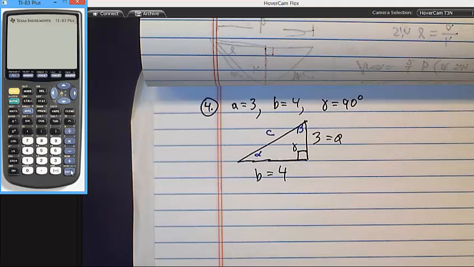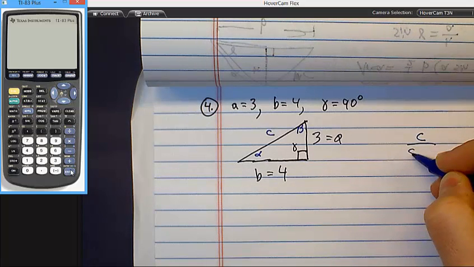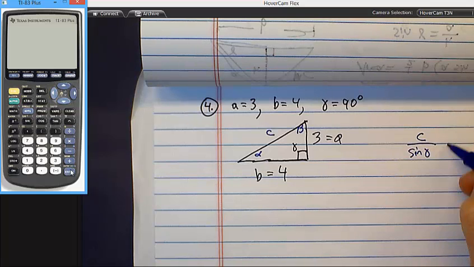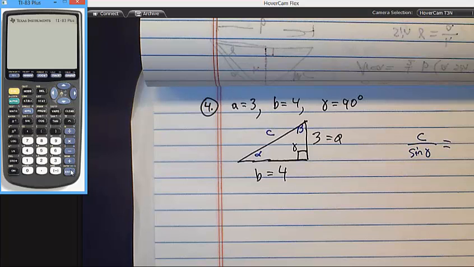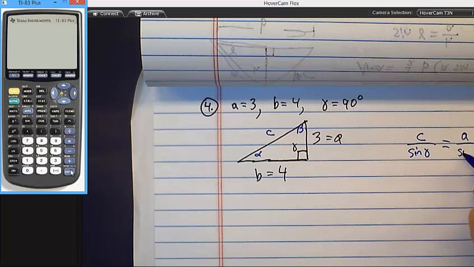Well, there's a reason you can't use law of sines. Why can't I use law of sines to find C? Because if you wrote c over the sine of gamma, what would you set it equal to? Well, you might try a over the sine of alpha, but see, there's a problem.